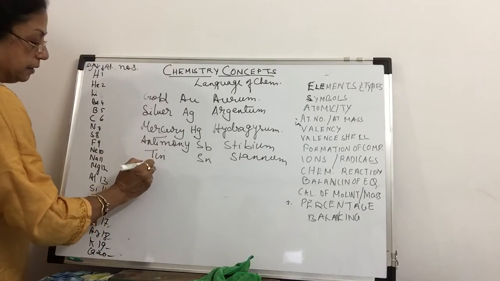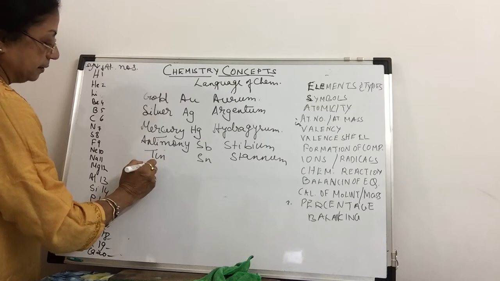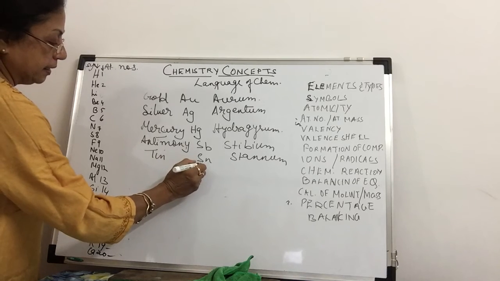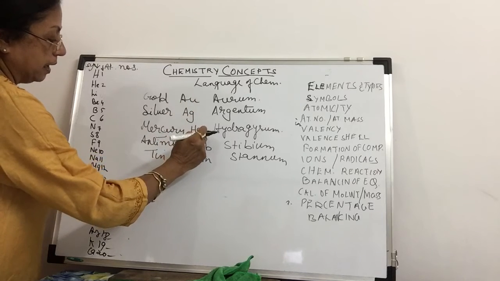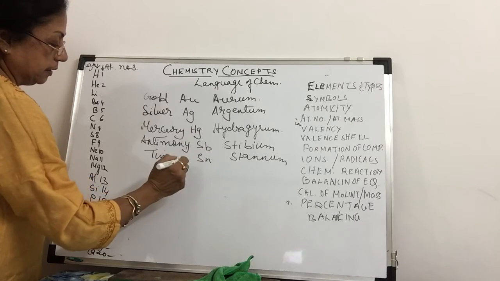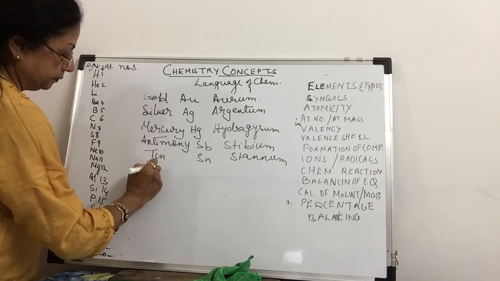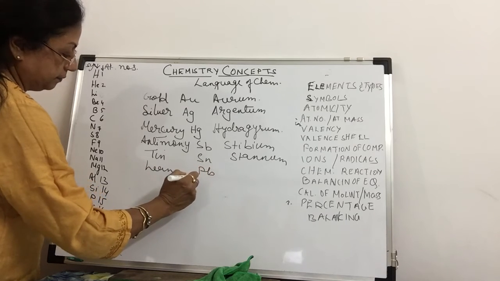Then silver, aluminium, antimony, then lead. Pb is lead.